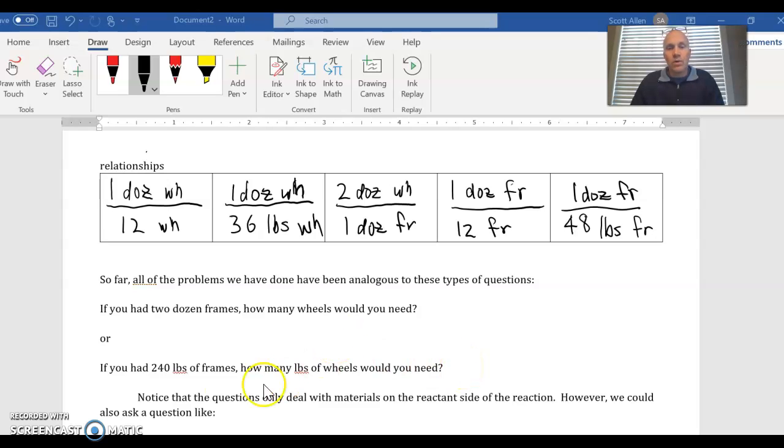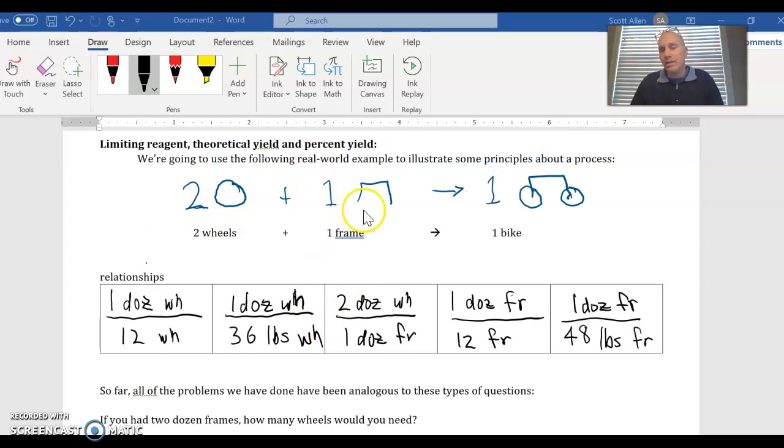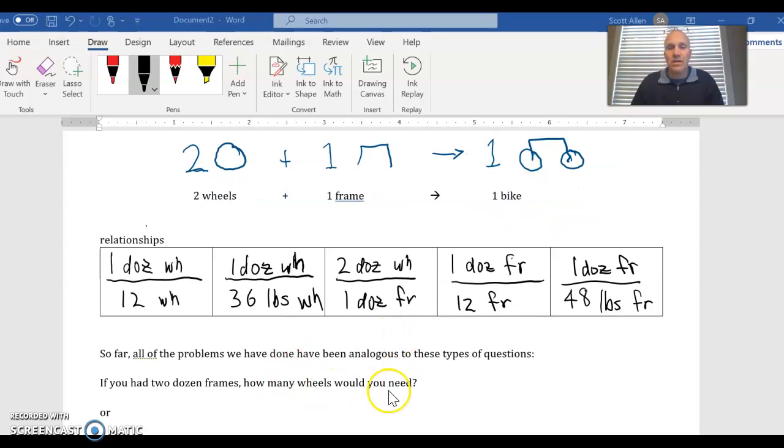The one thing I want to point out about these two questions is that after we balance the equation, we're only dealing with things that are on the reactant side of the equation. None of the questions here talk about anything on the product side.